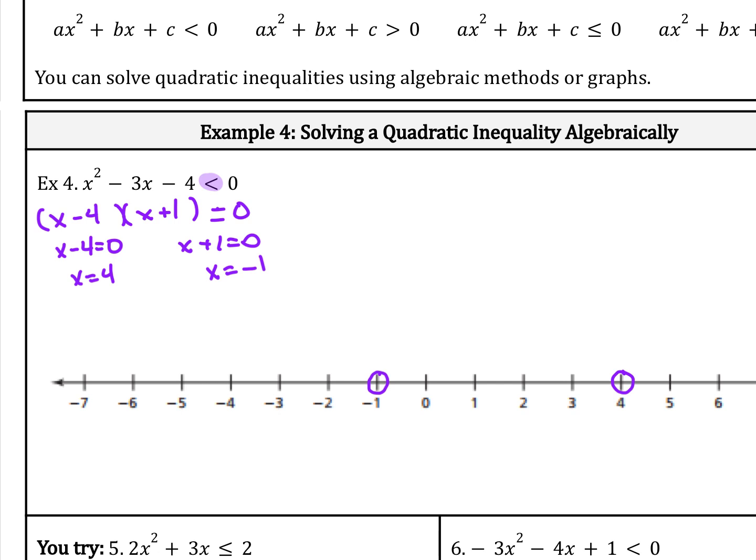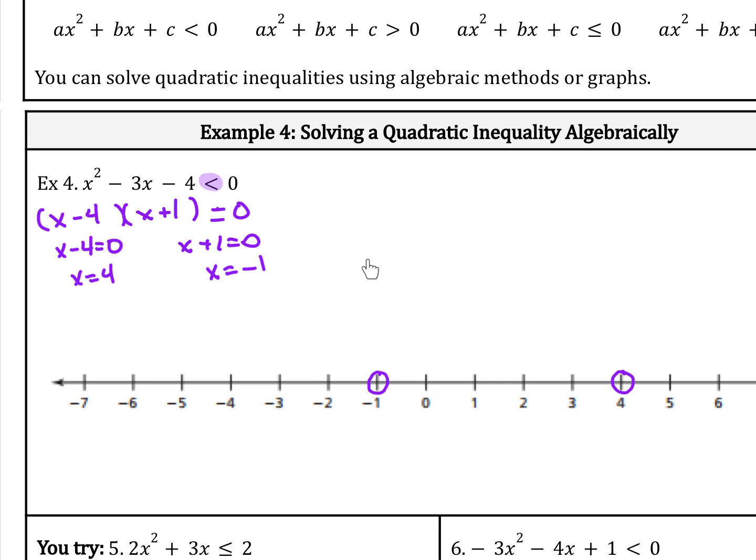Now we're going to test each interval to see, when we plug in a value for x, if that value will make this true. Let's go ahead and test 0. That's always a quick one to test.